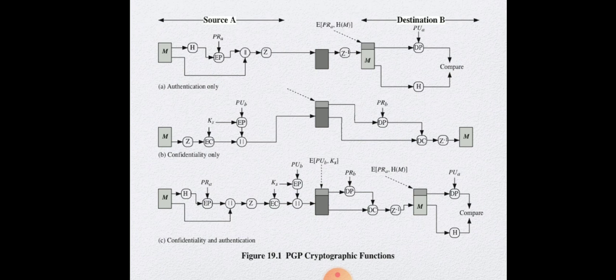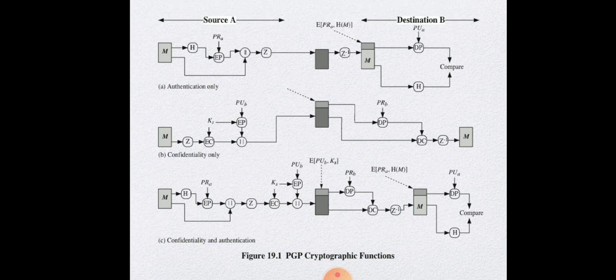The receiver uses RSA with his private key to decrypt and recover the session key. The session key is then used to decrypt the message. You can see DC decrypts the message. Compression was not shown, so you compress the message and you retrieve the message. I forgot to describe compression at the sender side. So compression is also performed.